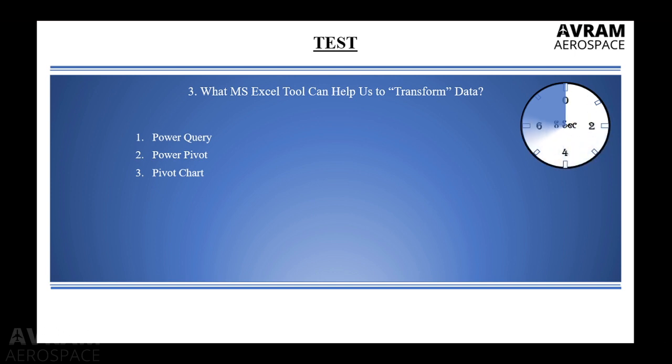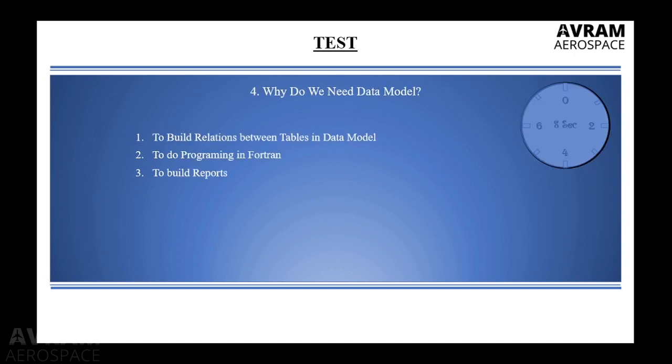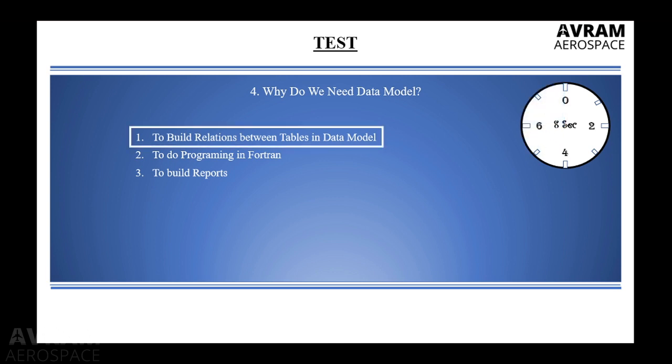Correct answer is Power Query. 4. Why do we need a data model? To build relations between tables in data model, to do programming in Fortran, to build reports. Correct answer is to build relations between tables in data model.